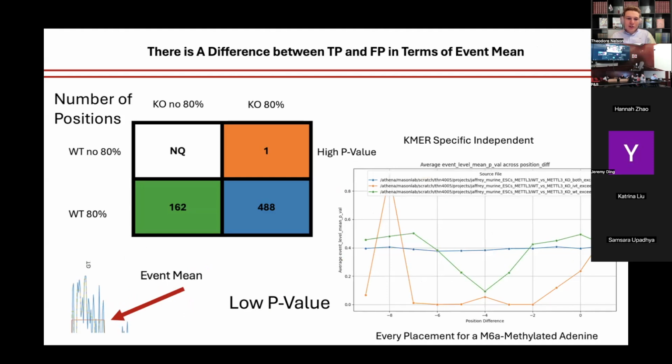But what did emerge when you look at the event mean, and what was really cool, is that there's this difference in the actual current. If you look at that dip in the green line of the wild type true positive, it is sustained as you get to the -4 position.